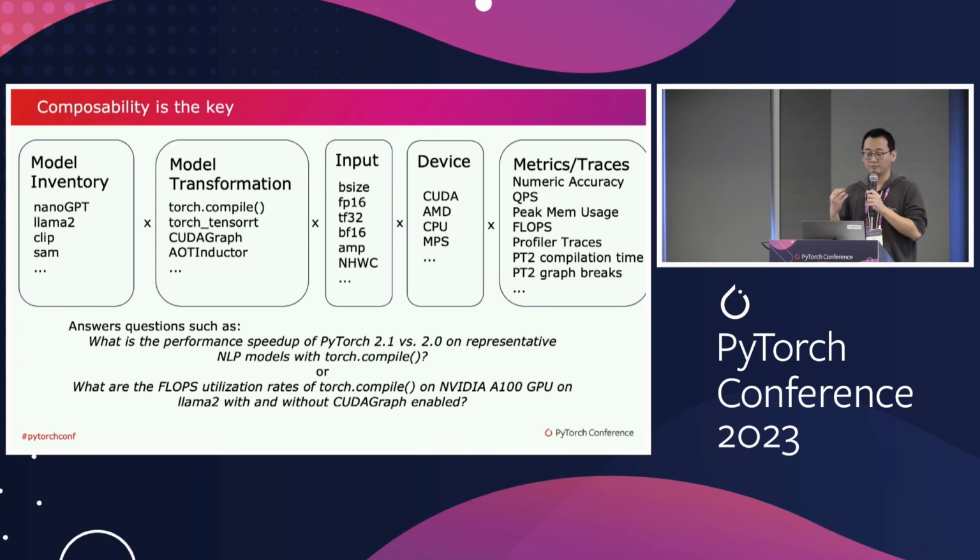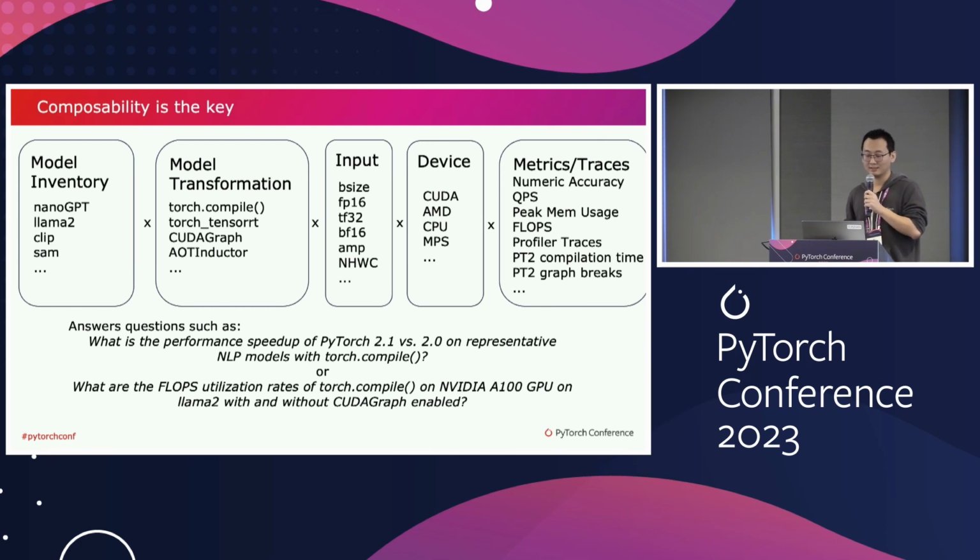And we integrated with the PyTorch profiler, so that if you run a TorchBench model, you can output PyTorch profiler traces that can be visualized on TensorBoard, right? And then you can look at the TensorBoard traces to see the GPU utilization and other more detailed metrics.